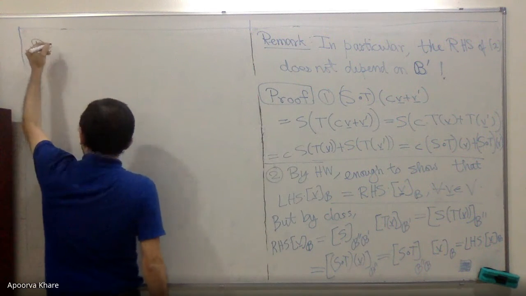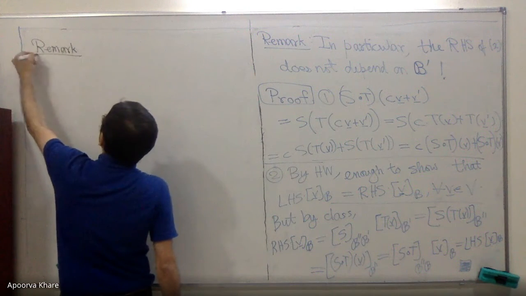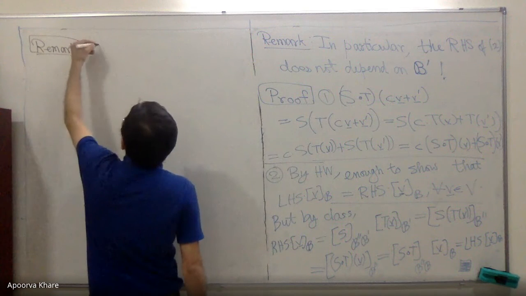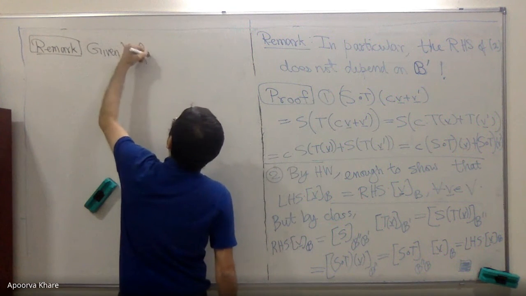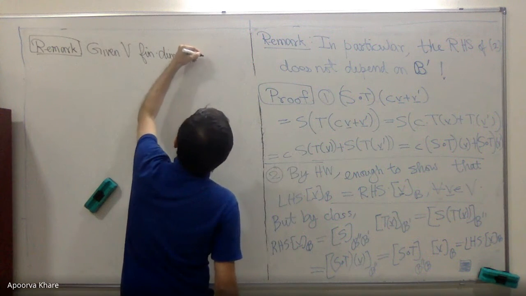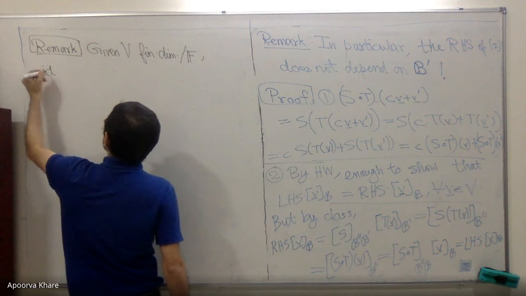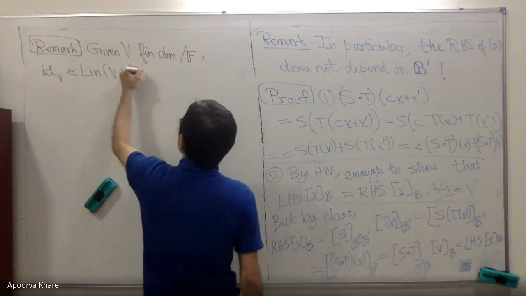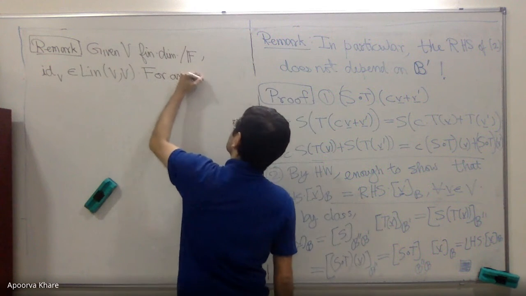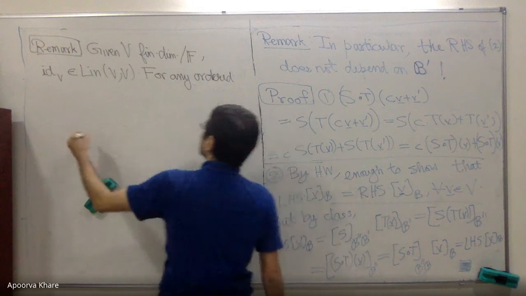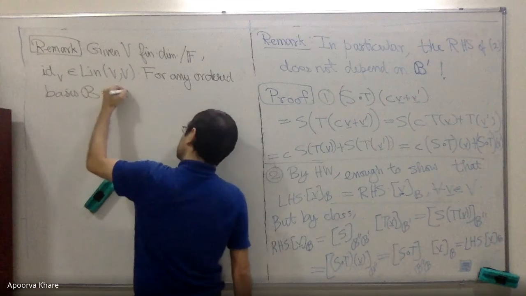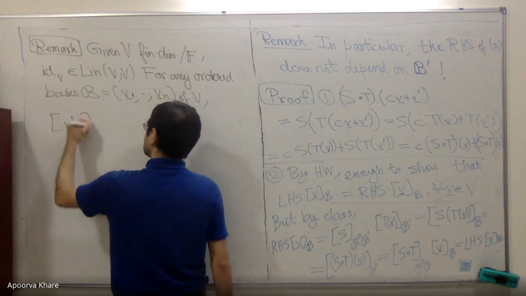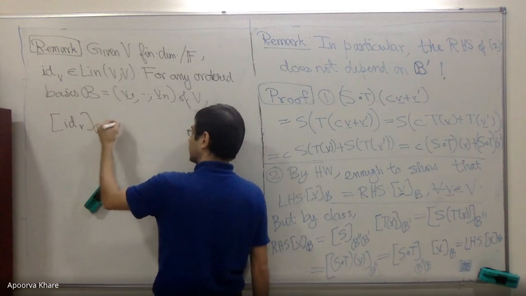Remark. Given V finite dimensional, we know that the identity transformation is of course a linear map from V to V. And with respect to any ordered basis V = (V1, ..., Vn) of V, the matrix of the identity transformation with respect to V and V is the identity matrix.